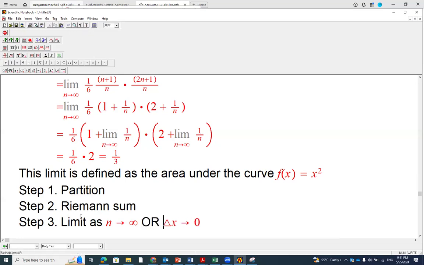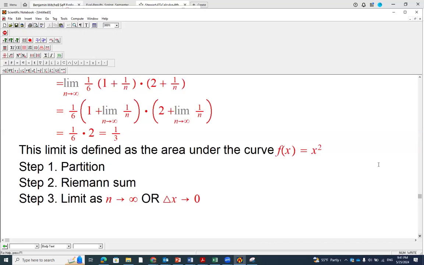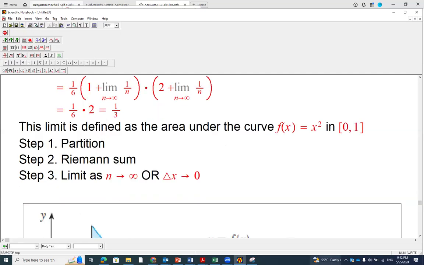So after all 3 steps are done, if we get a limit and that limit exists, that limit will be defined as the area underneath the curve. In our case, we found the area in the interval of 0 to 1.